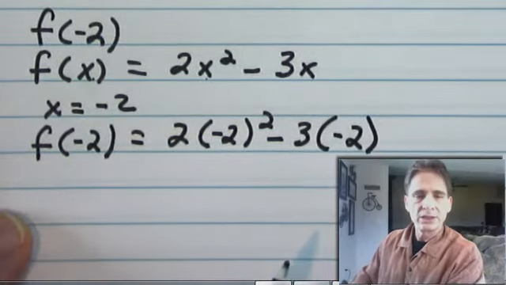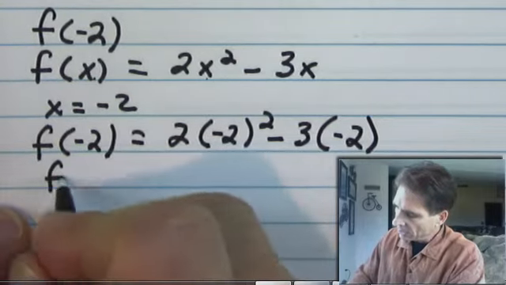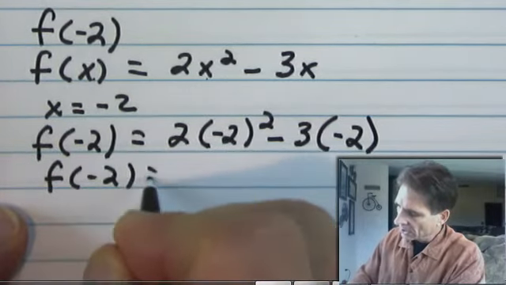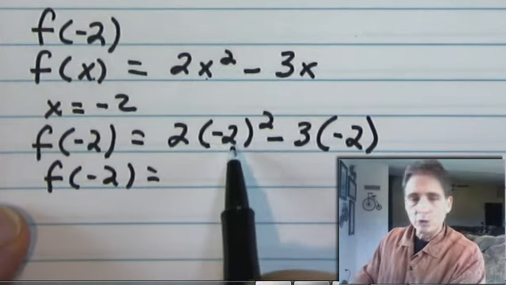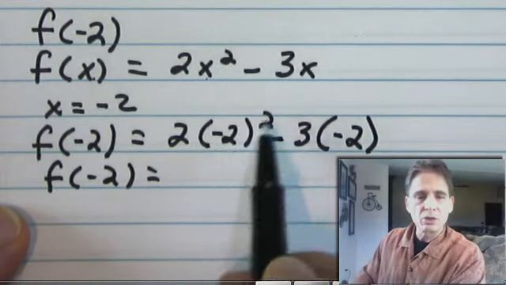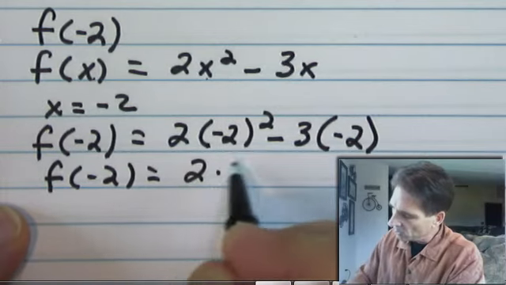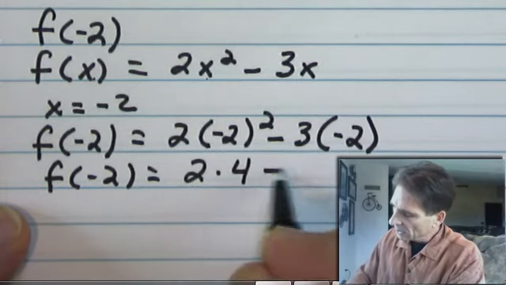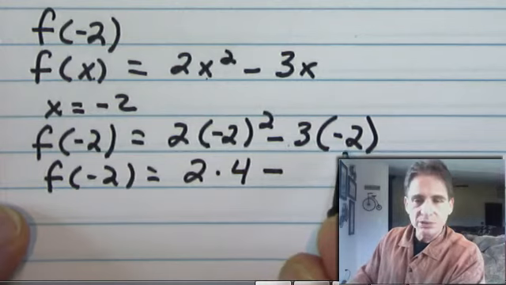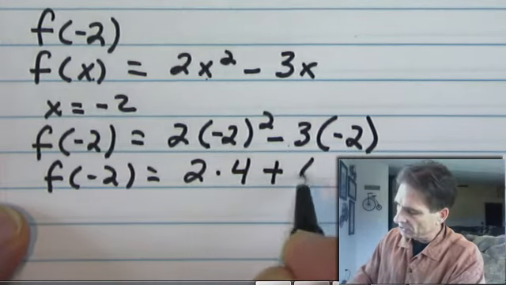So we'll do that. So f of negative 2 equals, order of operations, you'd square first. Negative 2 squared would be 4, so that would be 2 times 4. A negative 3 times a negative 2 is a positive 6.